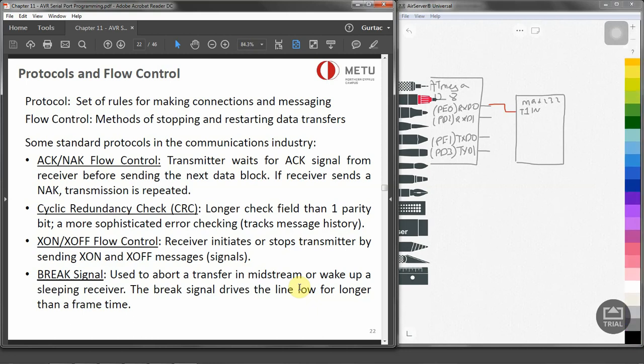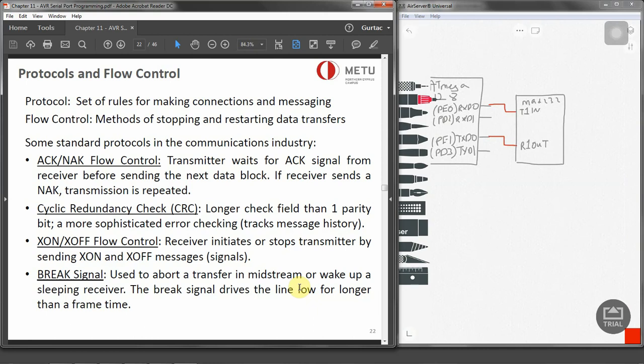And on the other side, we have got R1 out, and that is actually going in to the transmit side of the Atmega.